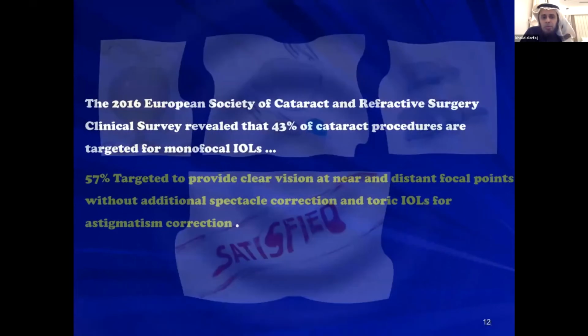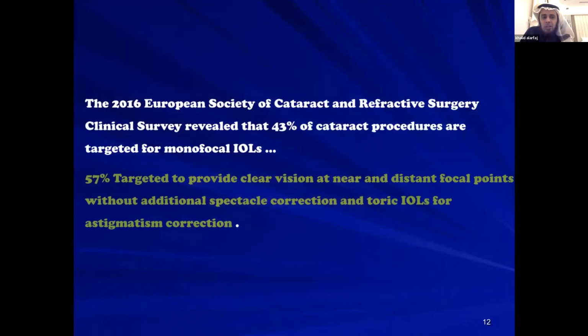The European Society of Cataract and Refractive Surgeons did a clinical survey in 2016, and they revealed that almost 43% of respondents targeted monofocal IOLs, and 57% targeted toric lenses and trifocal lenses. So it is an increasing market among the premium IOLs, and I think it might increase more and more in the coming years.